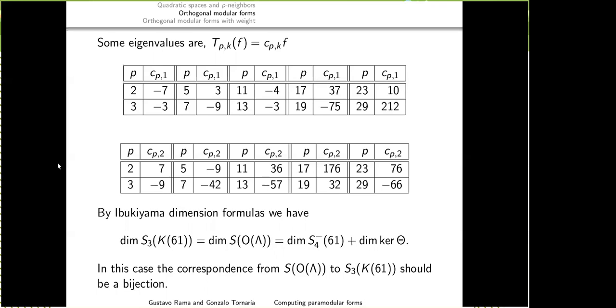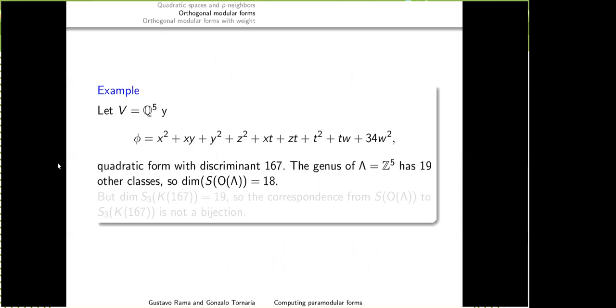Okay, so now we go to another example where this fails. We take Q to the 5 and a quadratic form with discriminant 167. In this case, the genus of lambda equal to Z^5 has 19 classes.